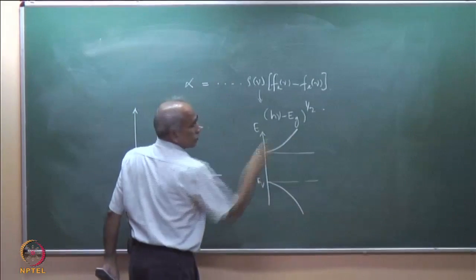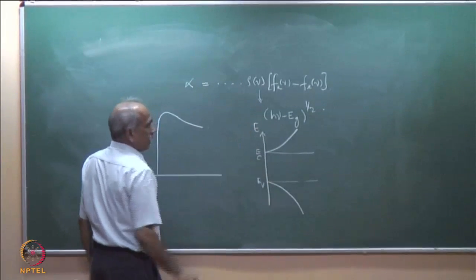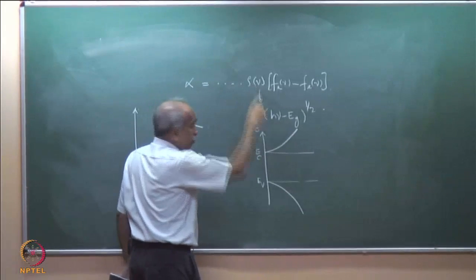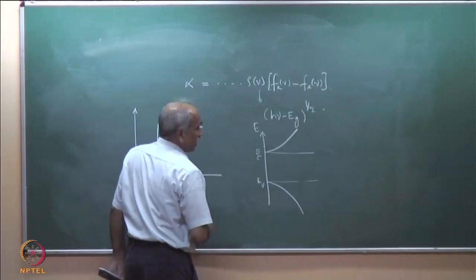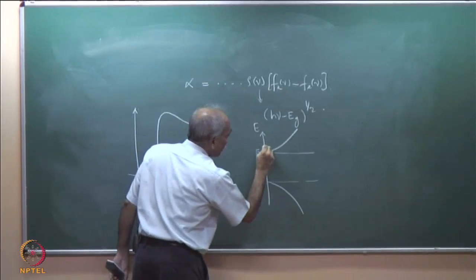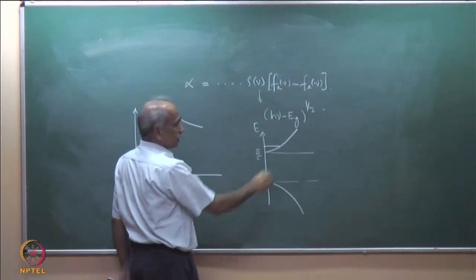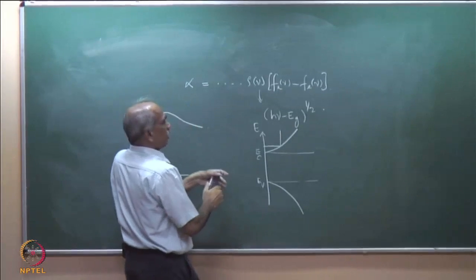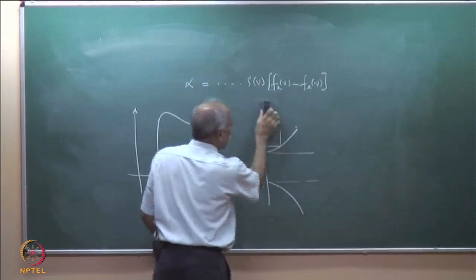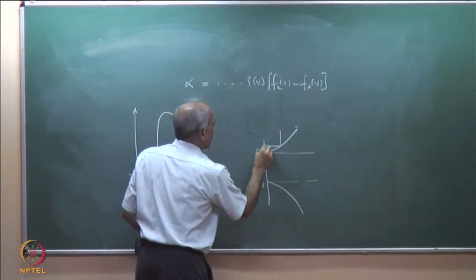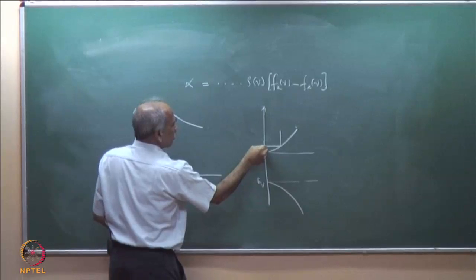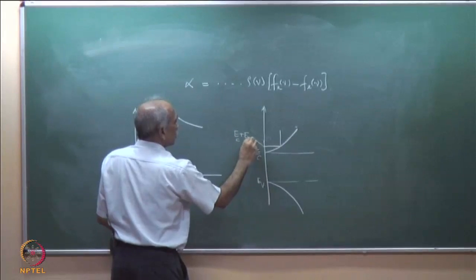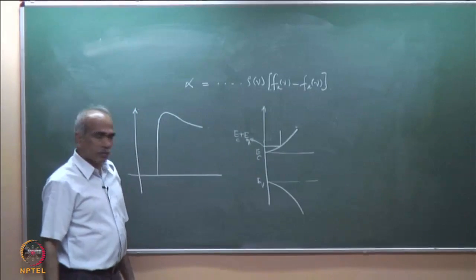So, the absorption coefficient was like this, rho nu was varying like this. In a quantum well structure, we know that rho nu is a step function. It starts from somewhere more than Eg, and then it is constant up to a certain energy. So, this was Ec plus Eq1, that is the q equal to 1 state.